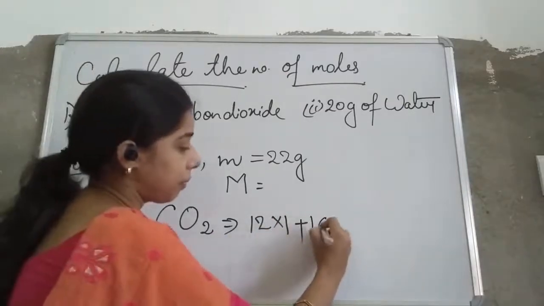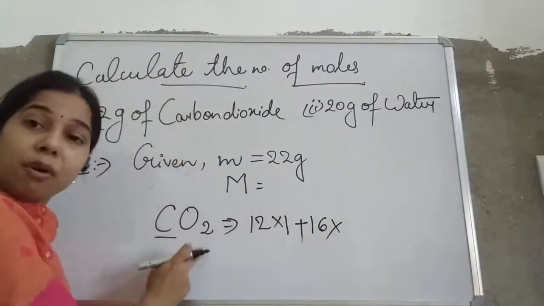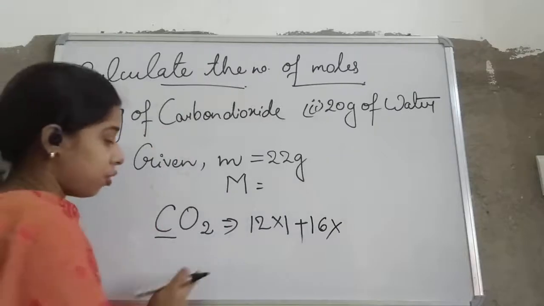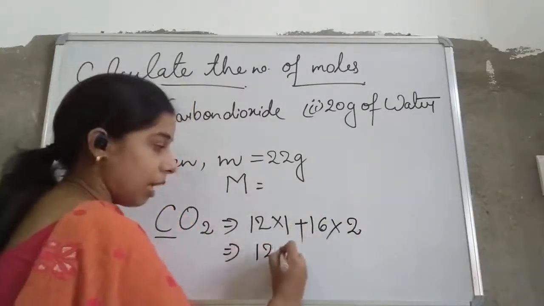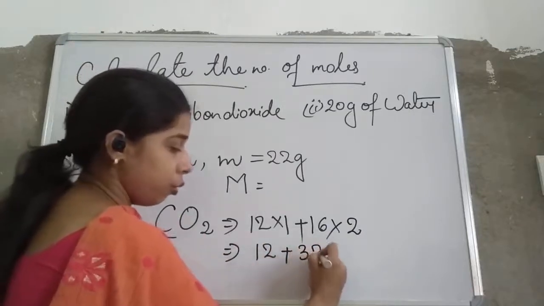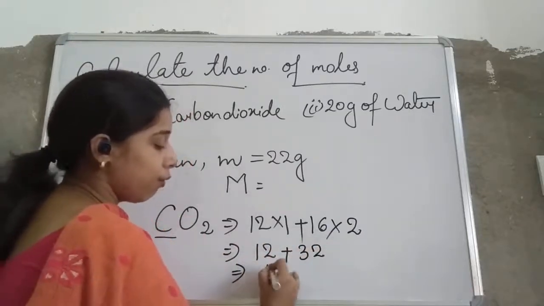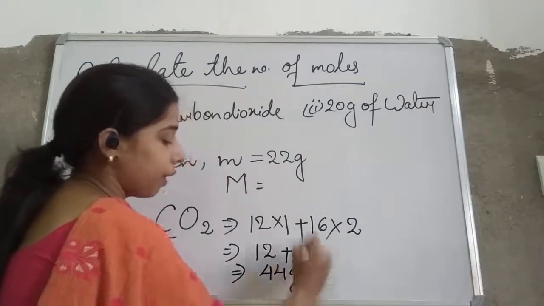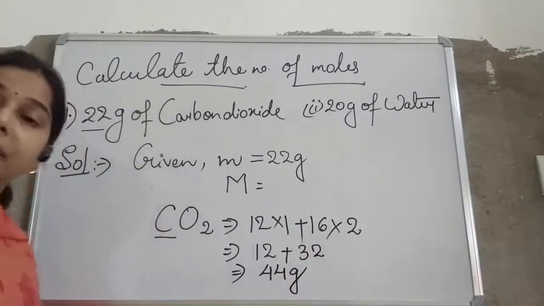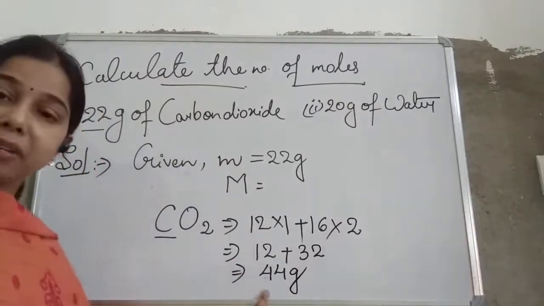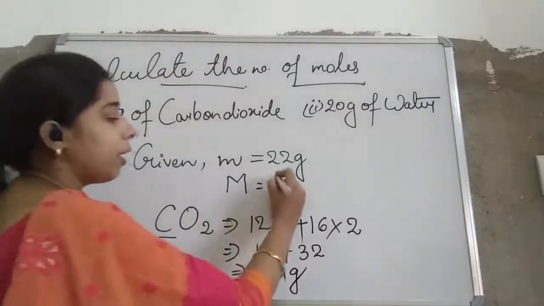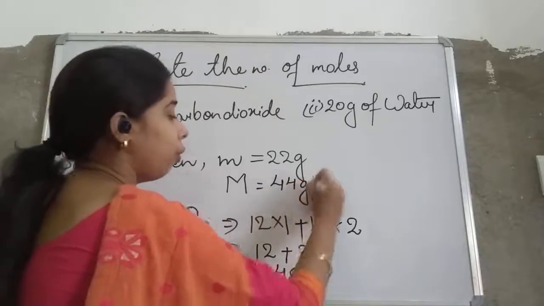That is 16, into the number of atoms attached, which is 2. So this will be equal to 12 plus 32, which is equal to 44 gram. So the gram molecular mass of carbon dioxide is 44 gram.